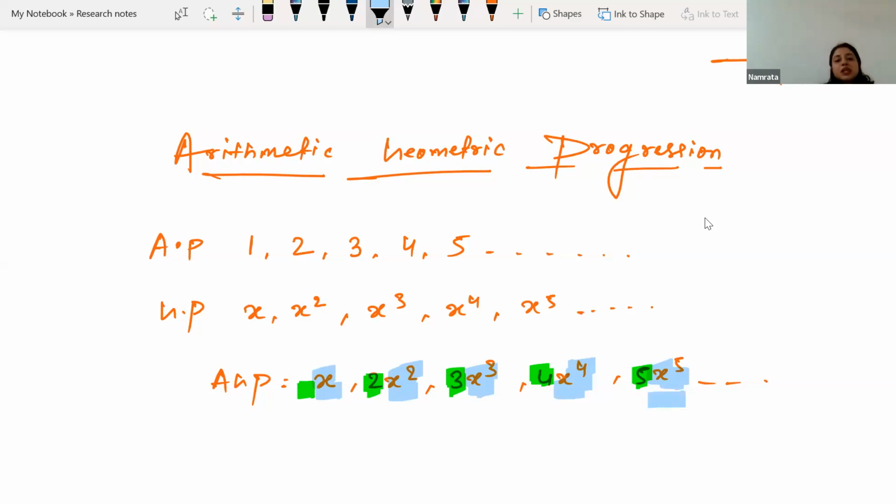It is maintaining a pattern. Either it will be maintaining the pattern of AP or GP, and the other one will be maintaining the pattern of the other one. That's why the name is AGP.